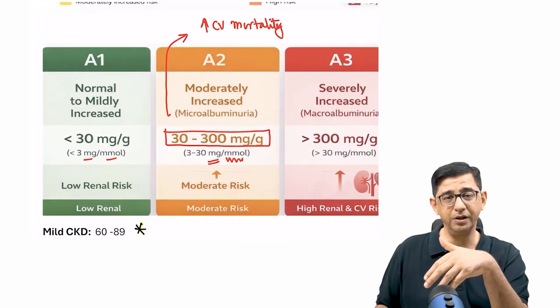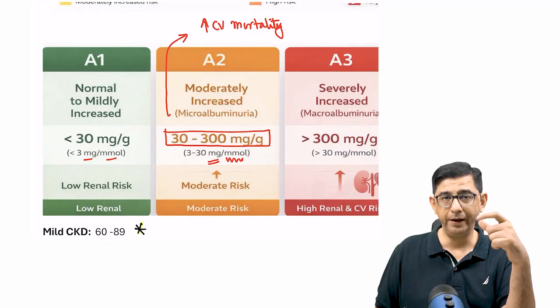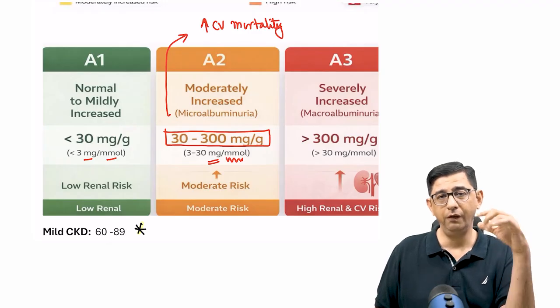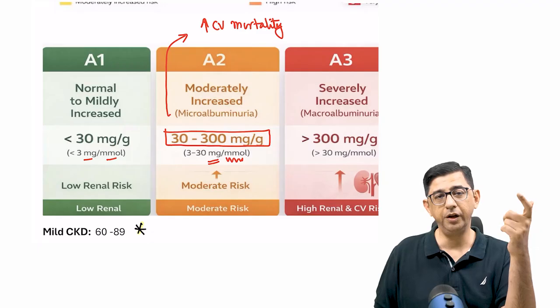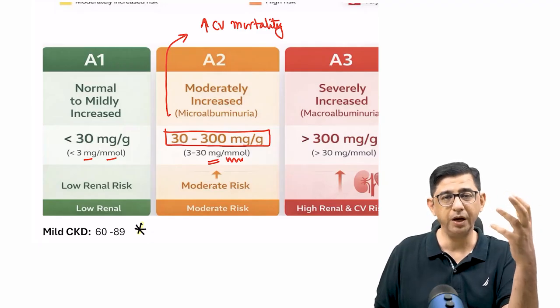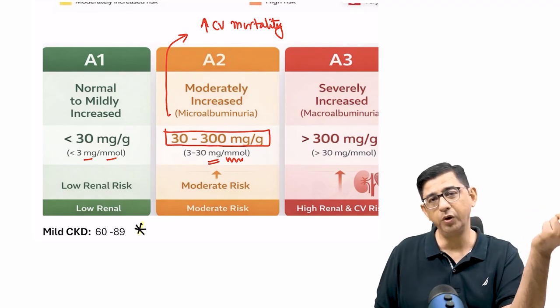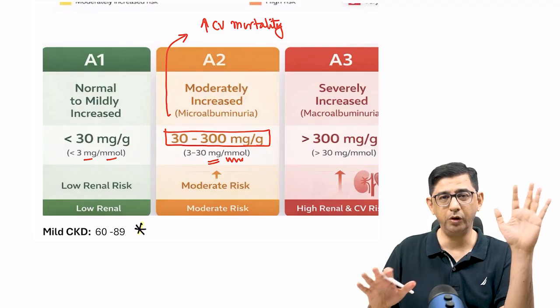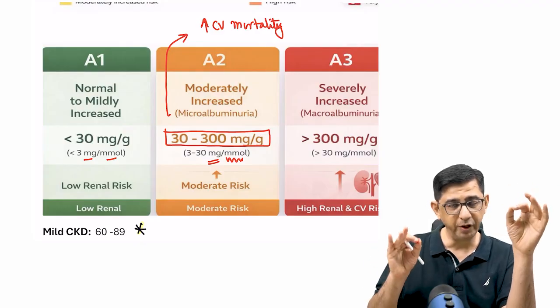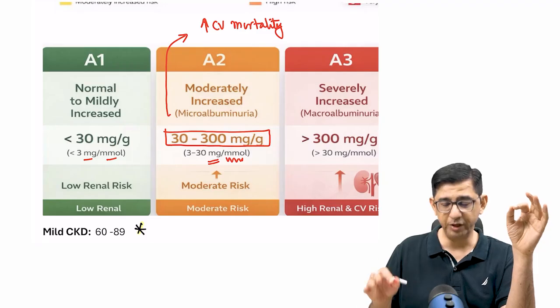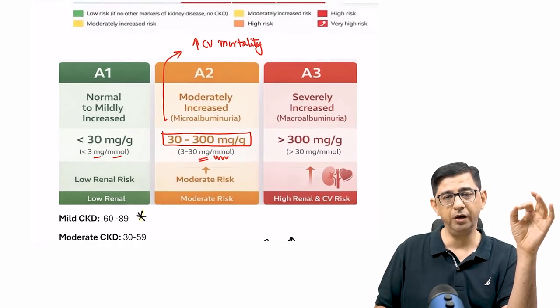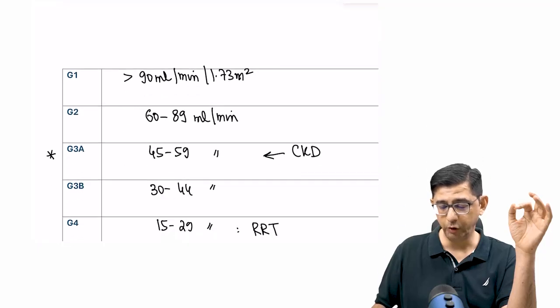This itself is a question, guys: what test in a kidney patient tells you that there is increased cardiovascular mortality? Your answer is the urinary albumin creatinine ratio, UACR, or it might be written as UPCR, urinary protein creatinine ratio. Either of the two terminologies, the message is the test that predicts cardiovascular mortality in kidney damage is the urinary albumin creatinine ratio, which can be checked in the spot urine sample.